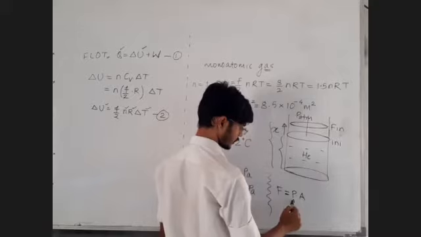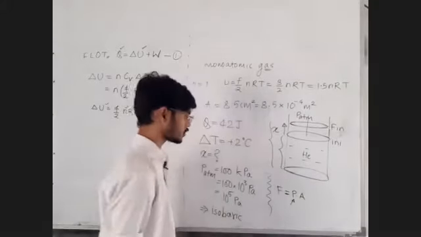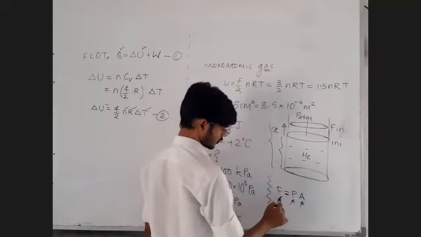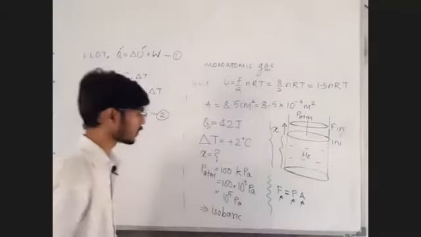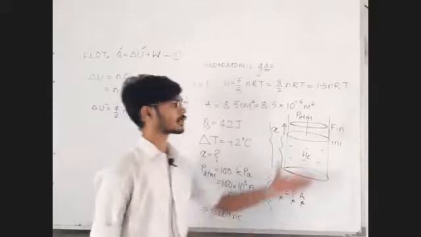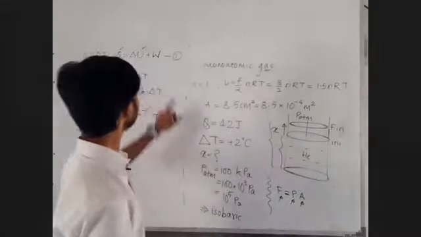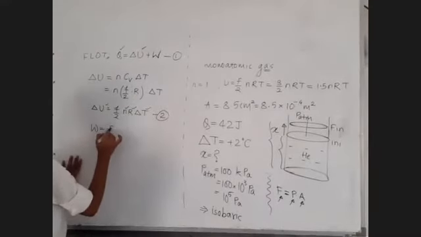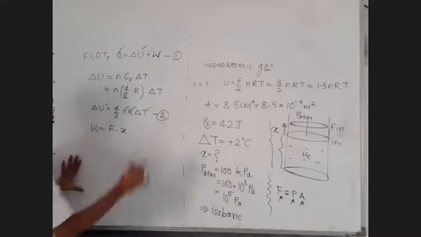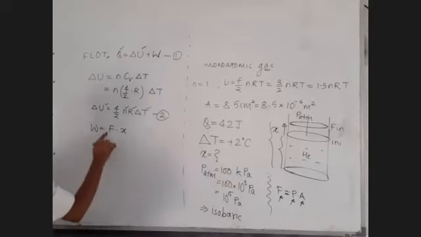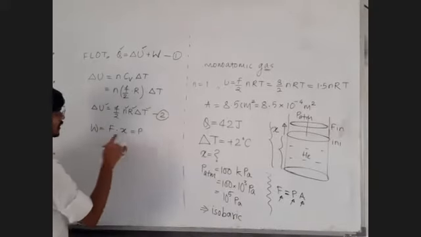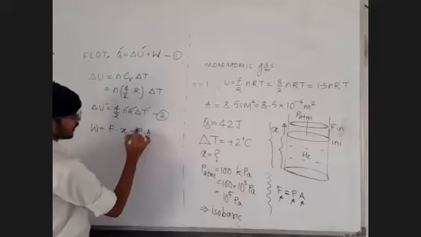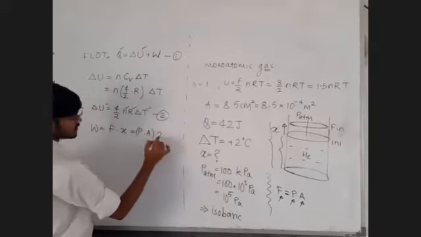If pressure is constant and area is constant, force will also be constant. So this is work done by the constant force. So this work done we can replace by force into displacement, and this force we can replace by pressure into area, into this x as it is.